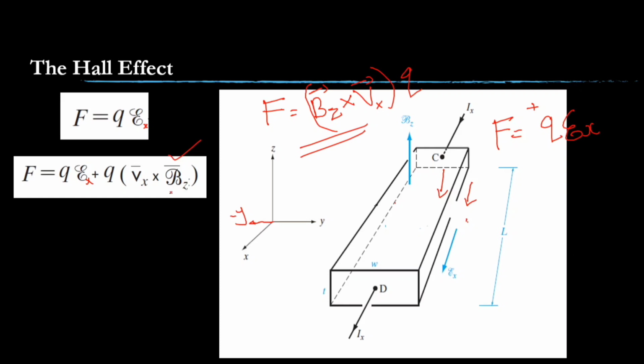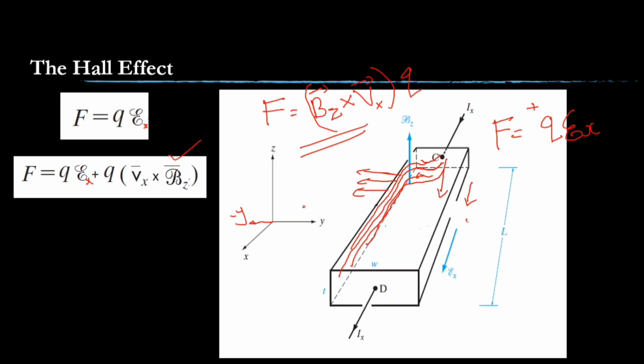Both will act here. What will happen now? The holes coming here will move in this direction, and will flow with a slight bend, something like this, because the force is in this direction.